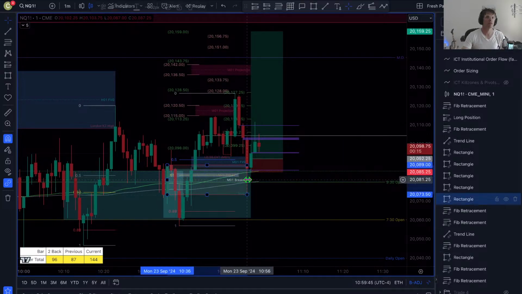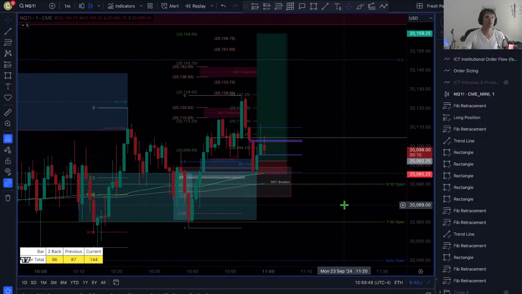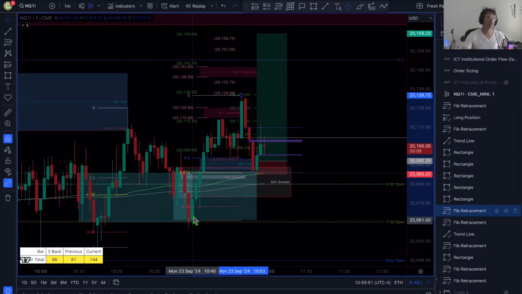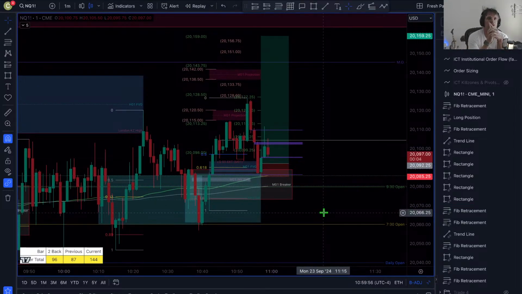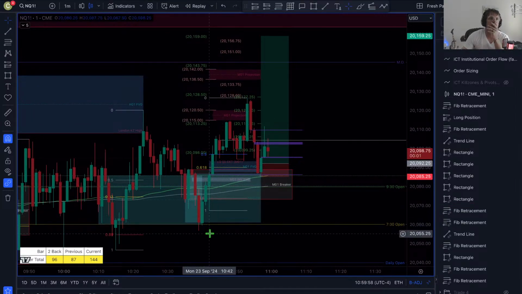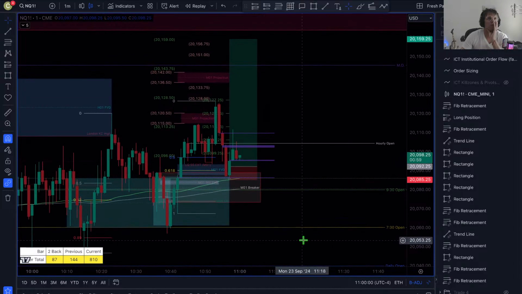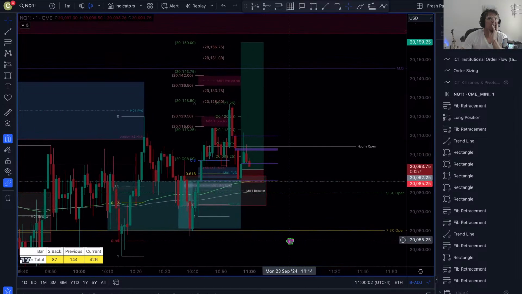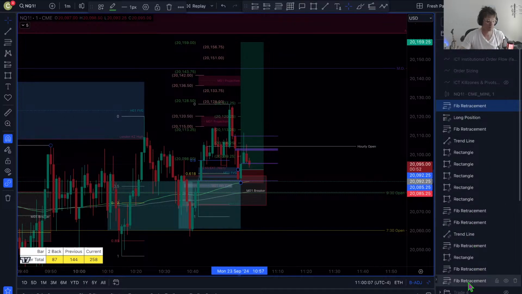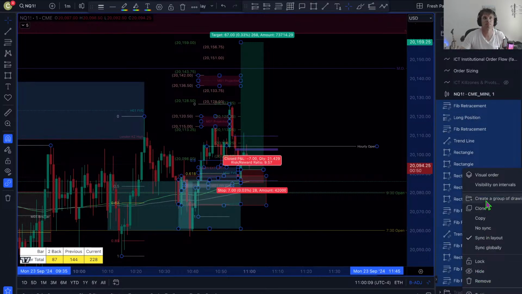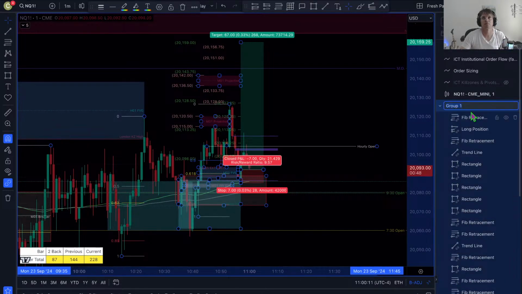It didn't actually give the JDR entry, unless you use that aggressive, which I had. So the aggressive JDR entry would be in if you use that wick from 942 as your anchor point. Right. So it might still come back for that.